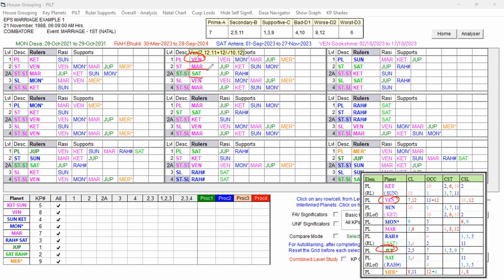If the star lord of the star lord also has unfavorable signification, that unfavorable will be increased. Here Mars is in the star of Saturn. Saturn is a good key planet. So favorable strength reduces the Mars unfavorable, and Mars favorable is supported by the star lord Saturn's favorable significations.